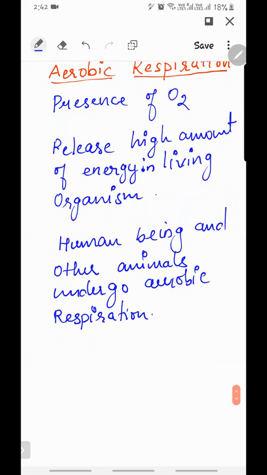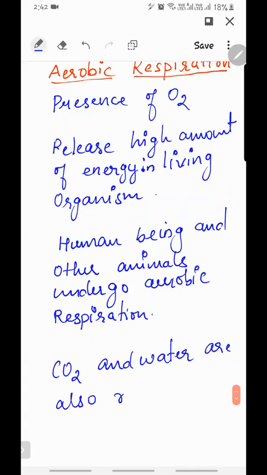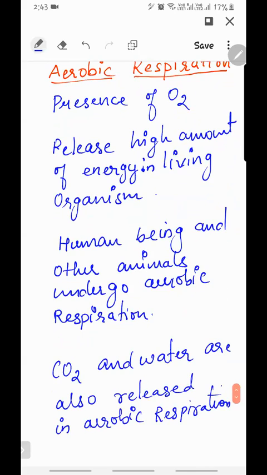And in this respiration, what byproducts are formed? CO2, carbon dioxide, and water are also released in aerobic respiration.